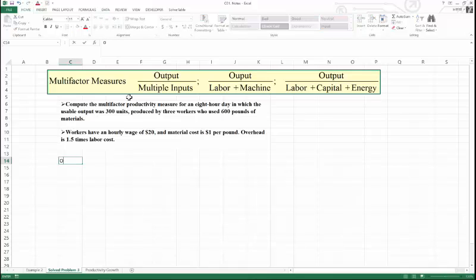The output here is the usable units, which is 300 units according to the problem. Now, the tricky part is the inputs. We have several different inputs, and they are naturally measured in different ways.